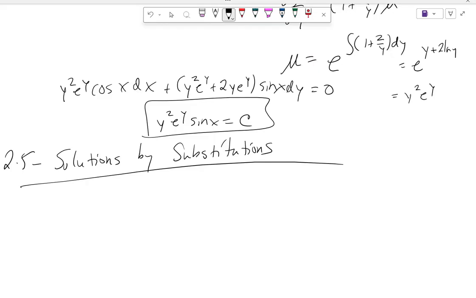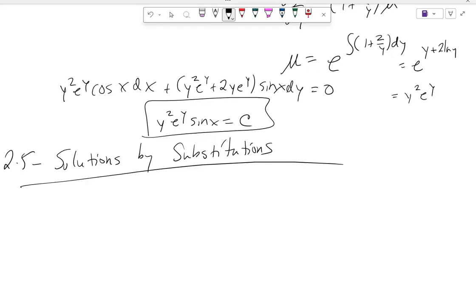So the point of this section is to look at the problem and say, hey, this has a kind of special form. Can I make a substitution that allows me to see the problem differently to know how to attack it? This is not unnatural to you from other things that you've already done.